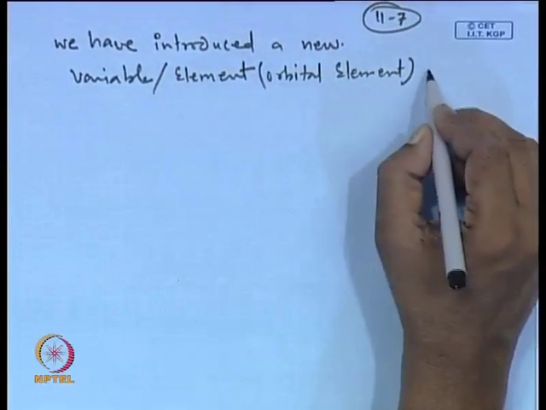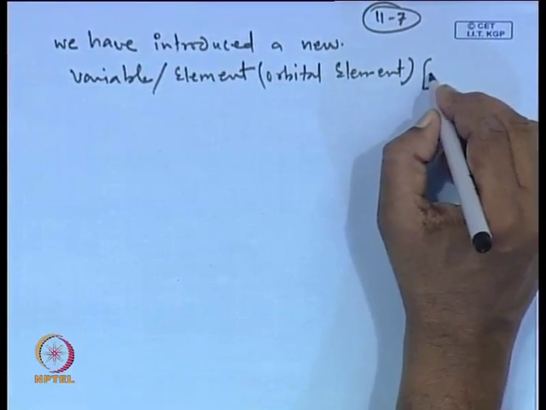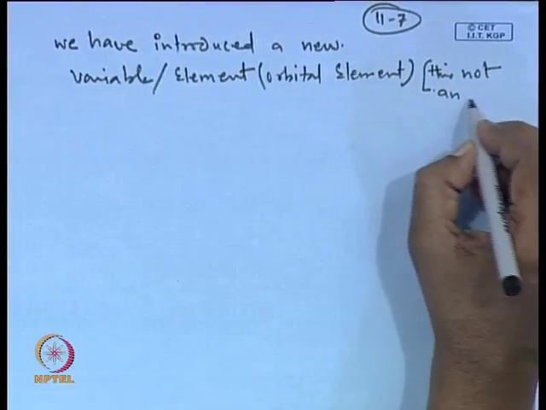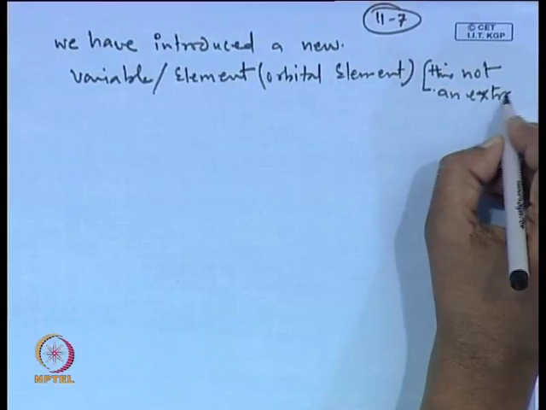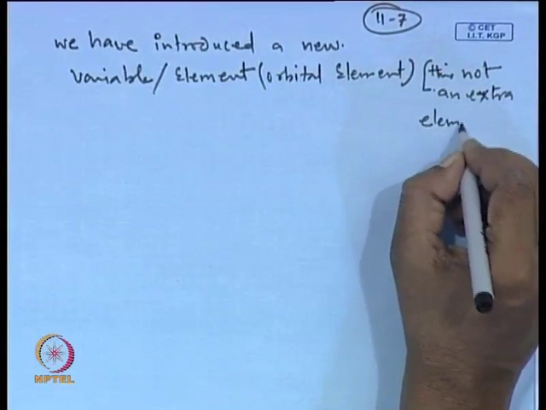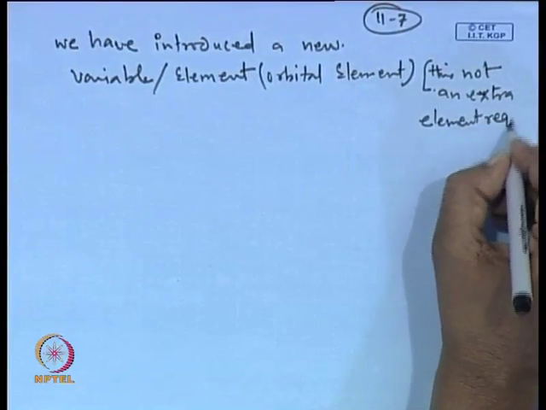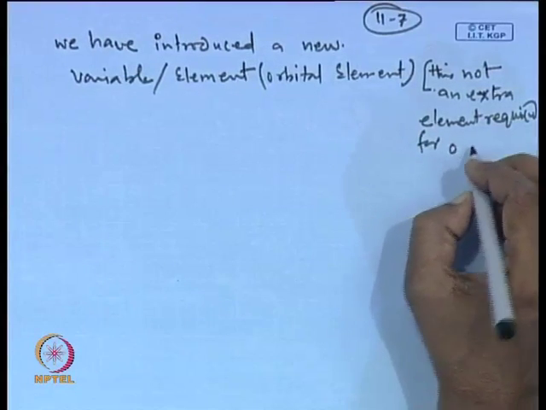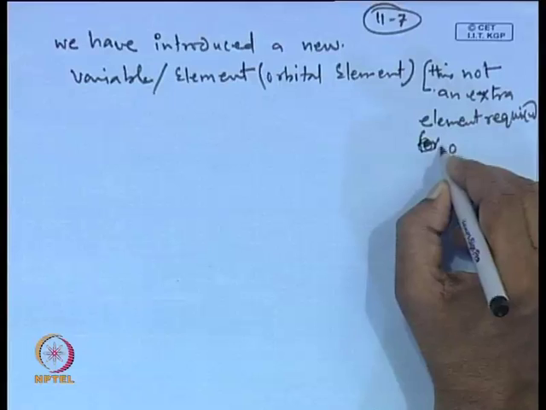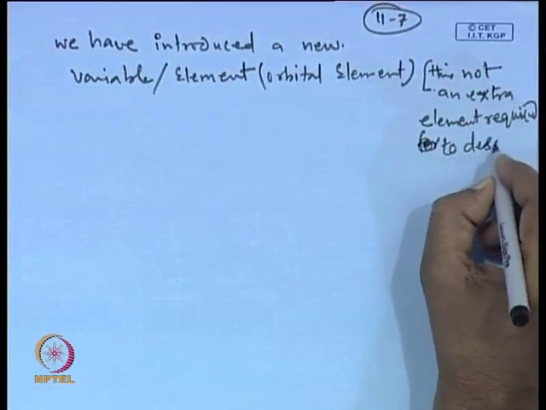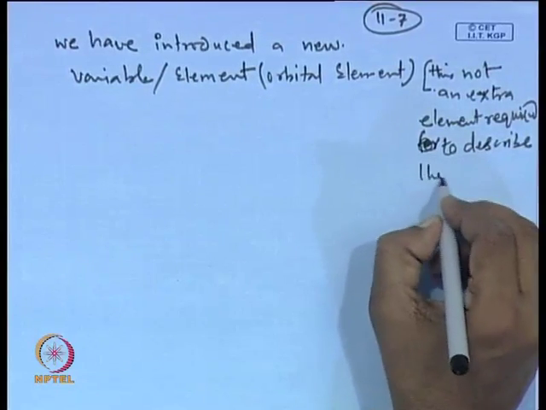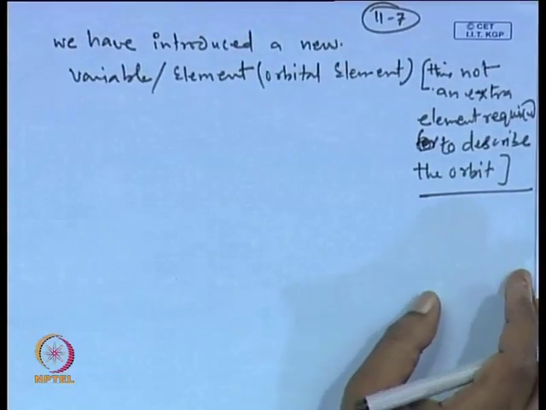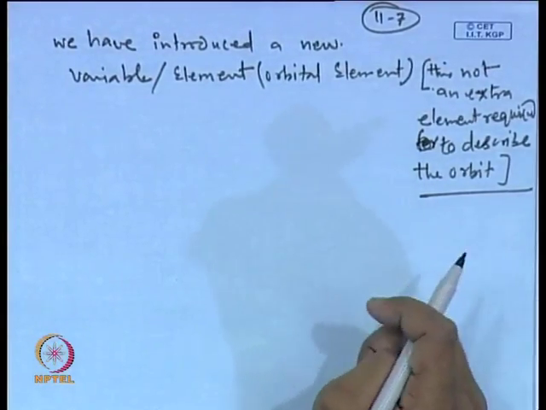But one should remember that this is not an extra element required to describe the orbit, okay. Because the orbit is always described by a total of 6 elements.